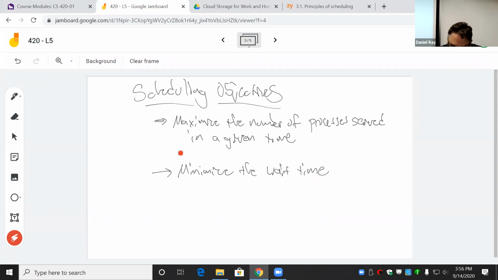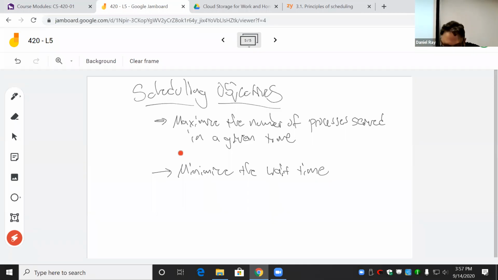The wait time is the total amount of time that the process is in the system, but that it is not being run. So if you add together its processing time and its wait time, you get the total amount of set time from its arrival to its termination. Does that make sense?